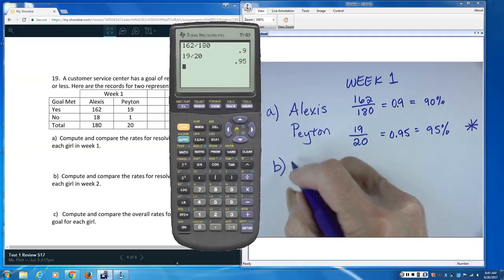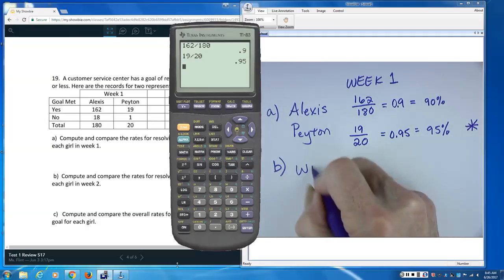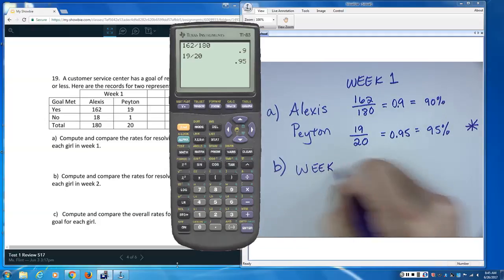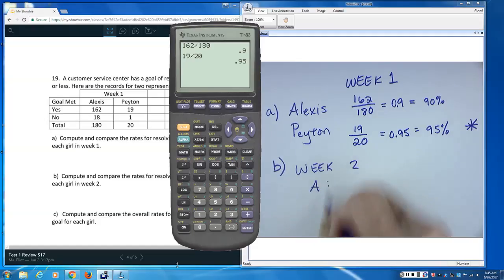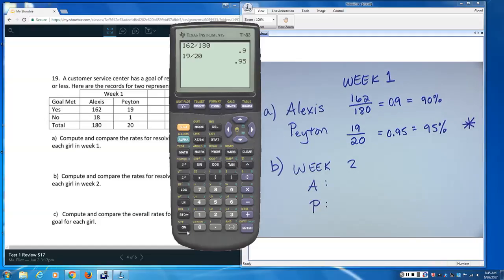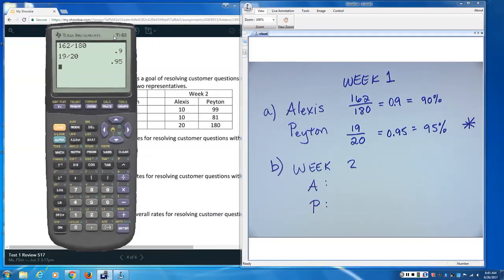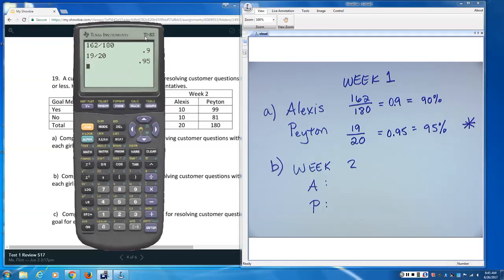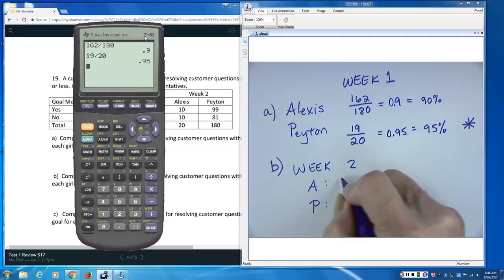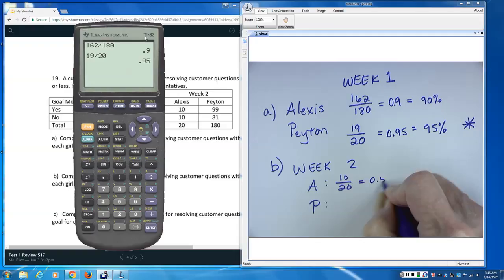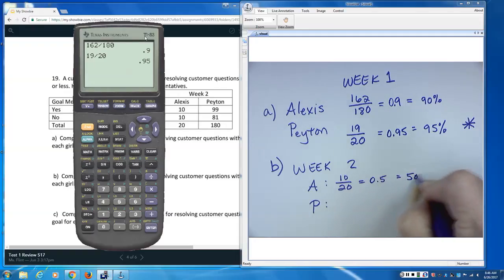Then we have week 2. And we have Alexis and Peyton. And in week 2, Alexis got 10 out of 20, which is 0.5 or 50%.